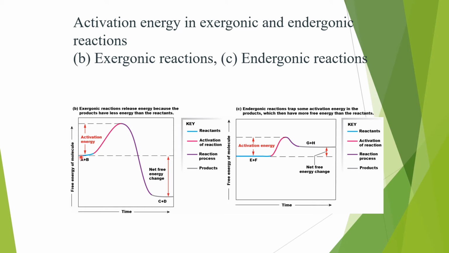So if we take a look at this graph right here, which is graphing time and free energy of molecules, let's say here are your reactants. As we said, for a reaction to take place, those reactants need to overcome that activation energy for the reaction to take place and for you to get the products.